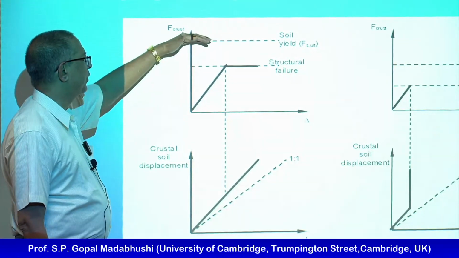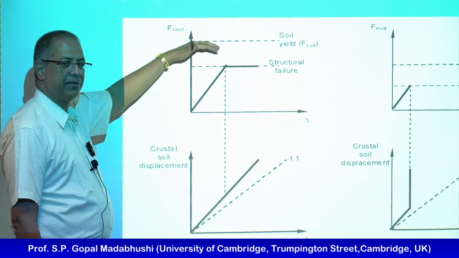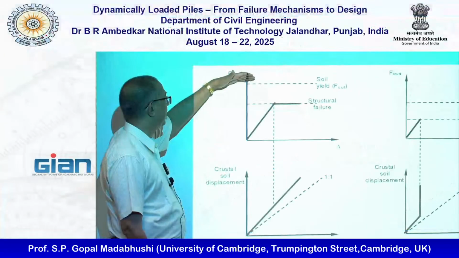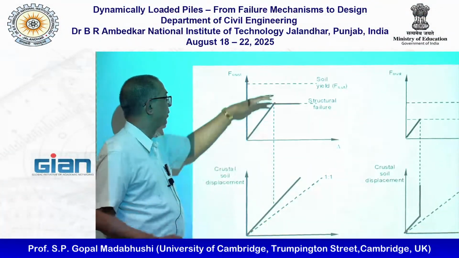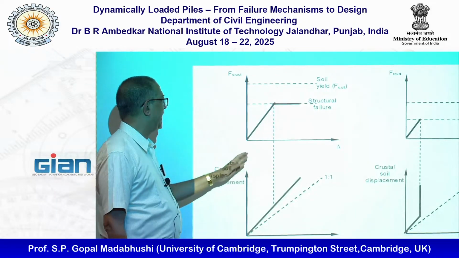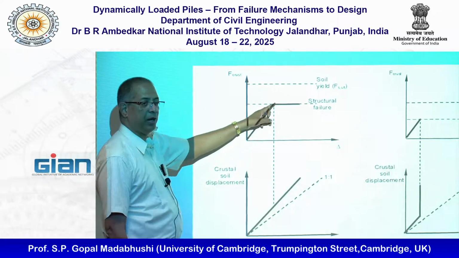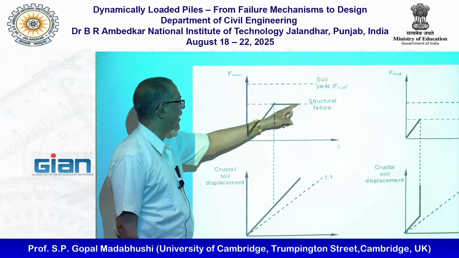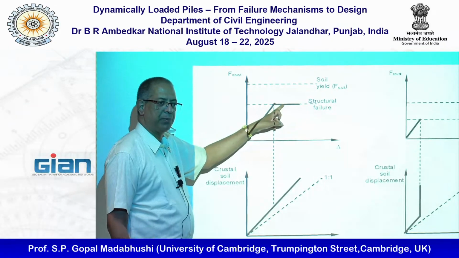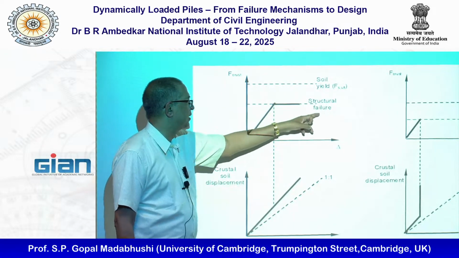The limit for this is the passive limit that you are mentioning. So the soil has to yield beyond that point. But many times the structural failure, so it will behave linearly up to there, and then it reaches some plastic MP value for the pile, and that is what causes structural failure.